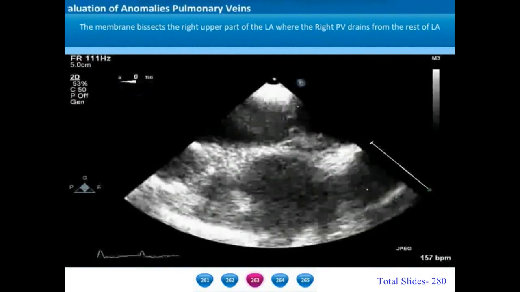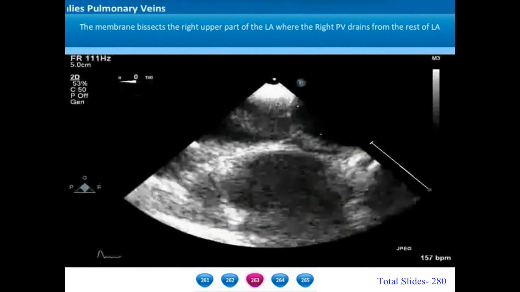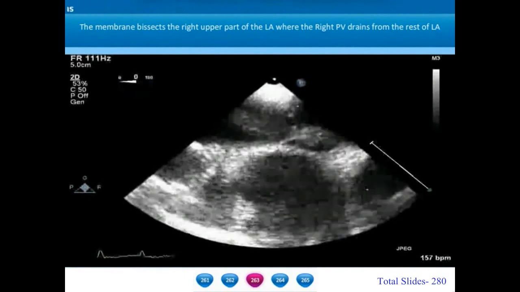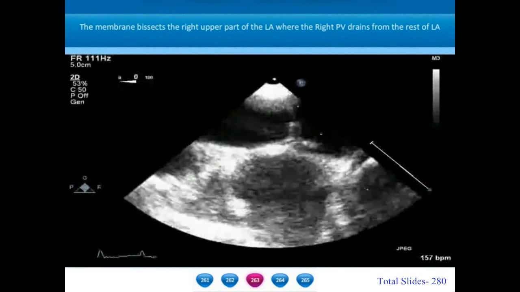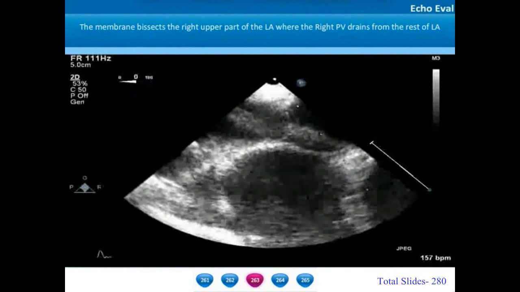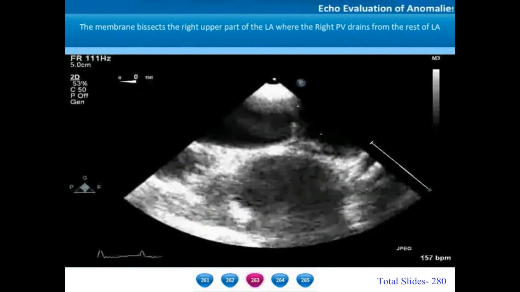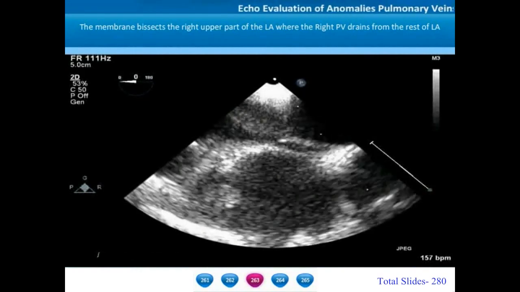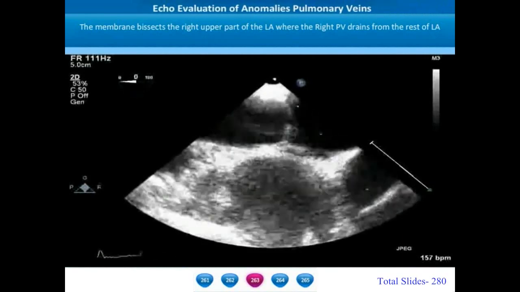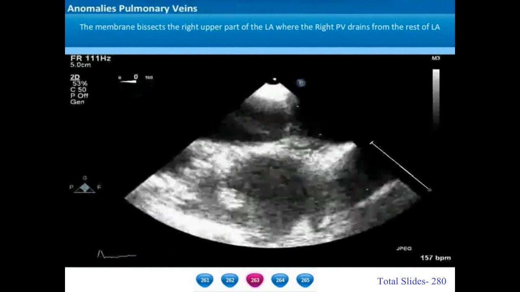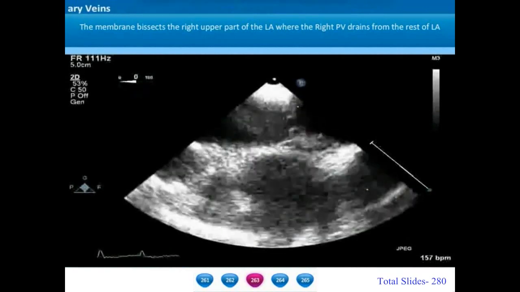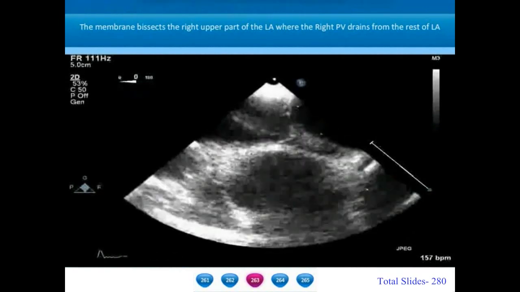When we suppress the color sector, we are able to clearly see that obstructive membrane. On the left of the screen is the place where the right pulmonary veins drain. On the right of the screen is the remaining portion of the left atrium. We can see a small orifice between this upper chamber and the lower chamber. This membrane was posterior to the intraatrial septum.